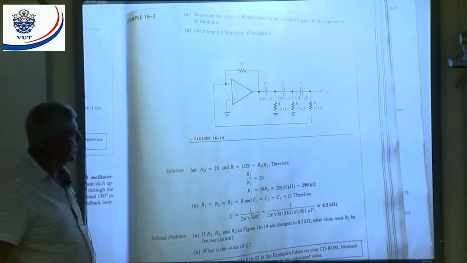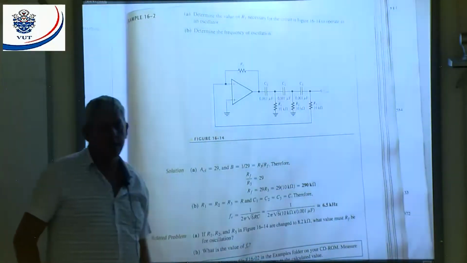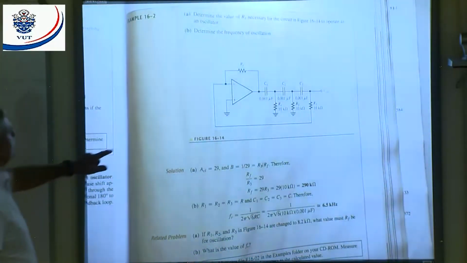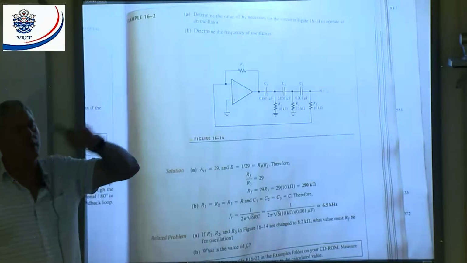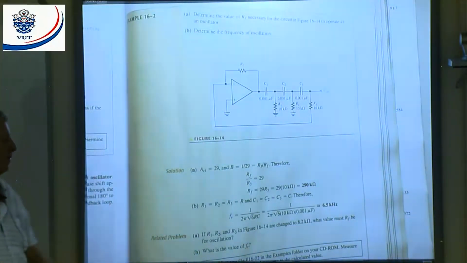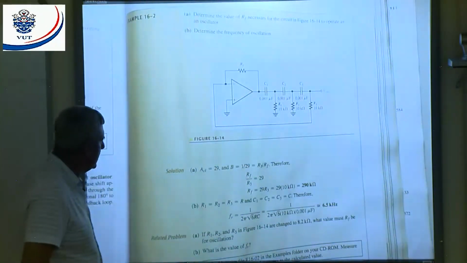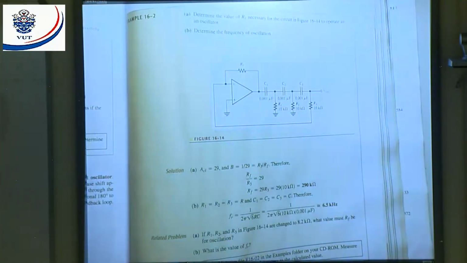That means I can work out RF. RF is going to be equal to 290 kilo ohms. That will give me a gain of 29. 29 times 1 upon 29 will give me 1. And now I must work out my resonant frequency. When I work that out, I get a value of 6.5 kilohertz for my resonant frequency.